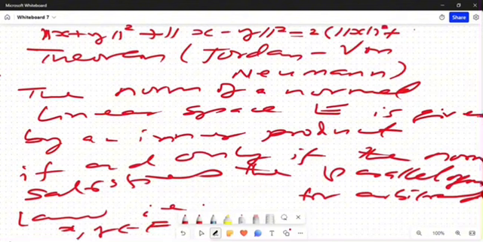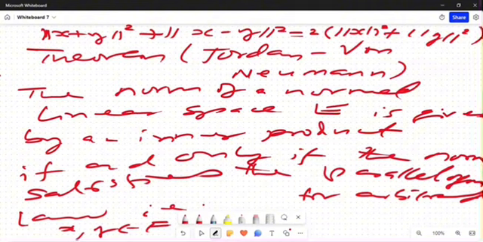I'm sure you know that, the parallelogram law. So the norm of a normed linear space E is given by an inner product if and only if the norm satisfies the parallelogram law.